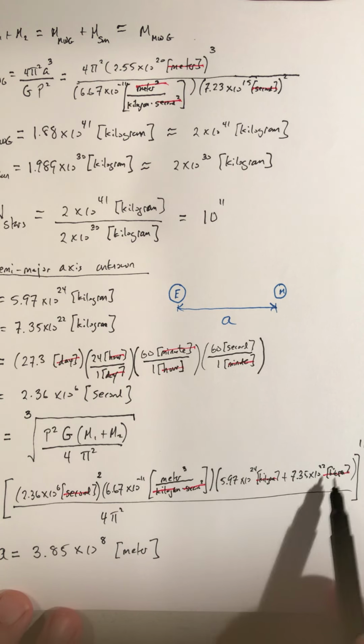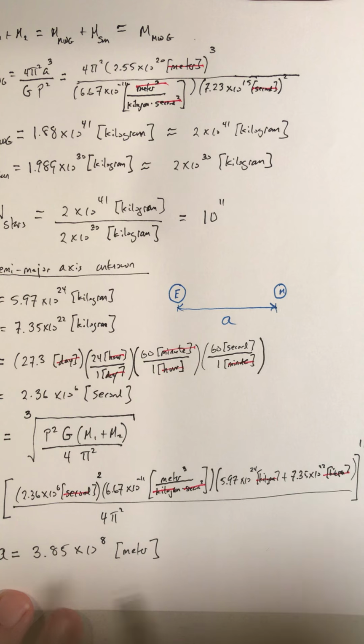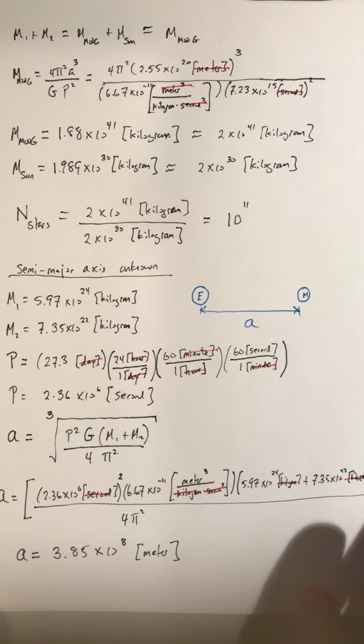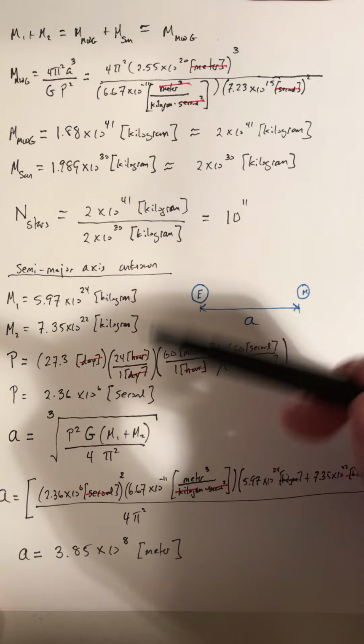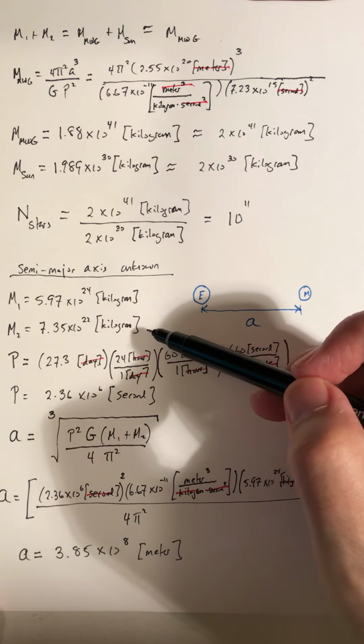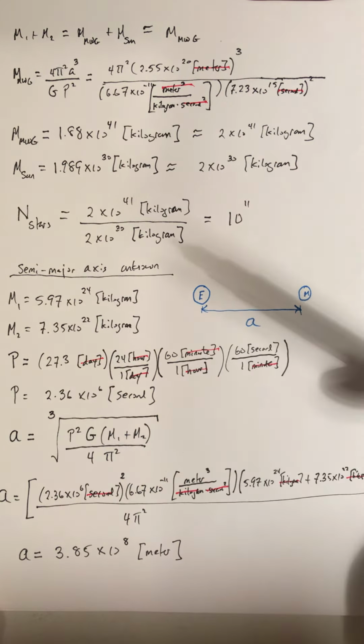If I would just have dropped the mass of the moon, I would come up with an answer for the semi-major axis that's not very different. They agree in these first 2 decimal places, and then there's a difference in the 3rd decimal place. So this is an example where the masses are so different again, like in the first example, that you can pretty much ignore one mass compared to the other.